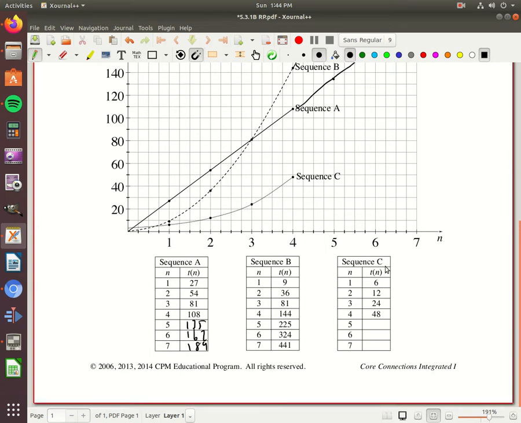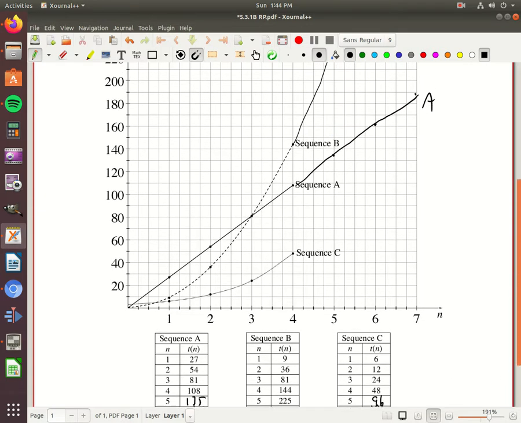And now let's figure out our sequence C. It doubles to 96, doubles to 192, and doubles to, what, 400 minus 16, so 386.